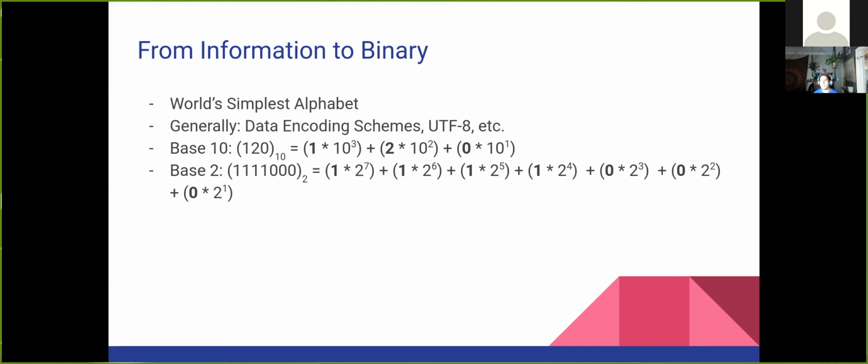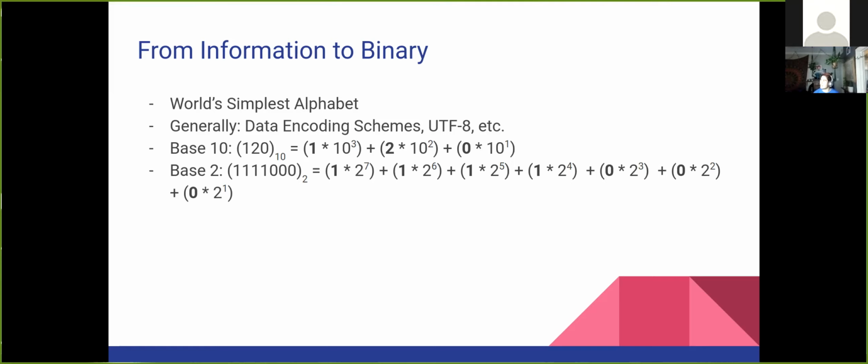But before we talk about base 2 and base 10, it's important to note that we do have to move our books and our images and our games into bits, and we do that through standardized encoding schemes, like UTF-8, or 2's complement for floating point numbers.